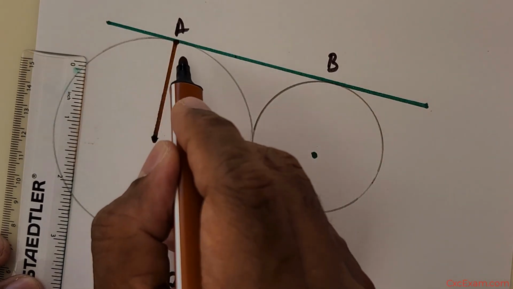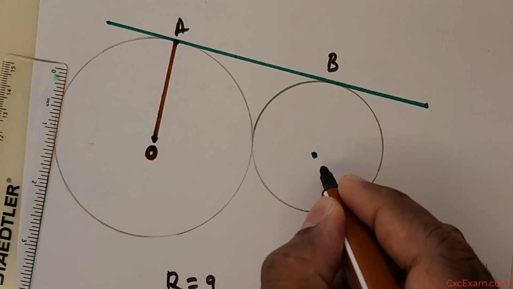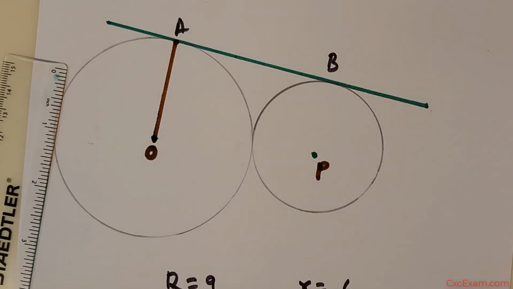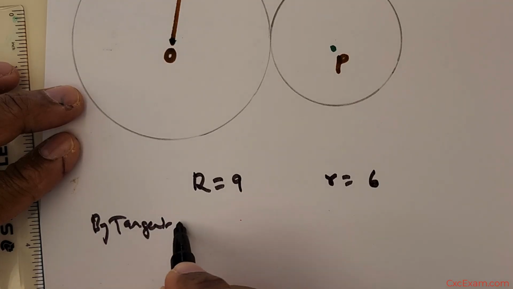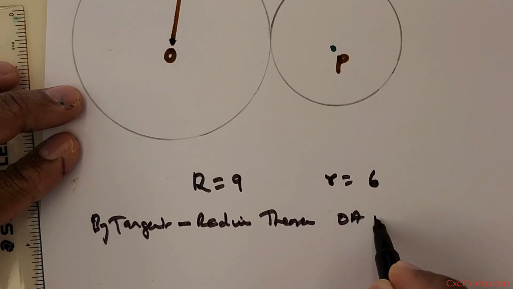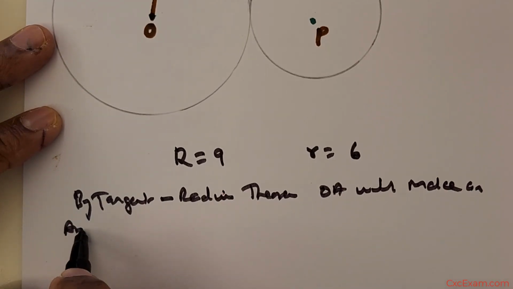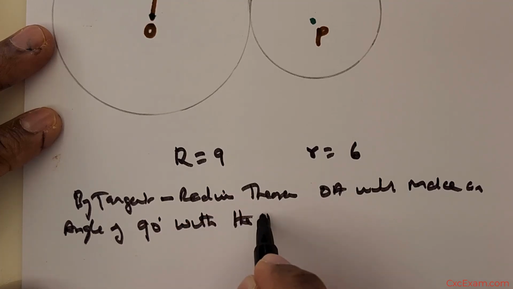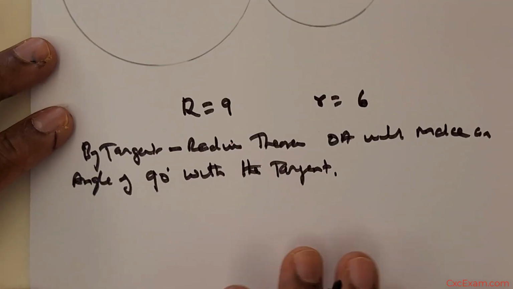Now, by tangent radius theorem, let me take this as O and this as some P. So by tangent radius theorem, OA will make an angle of 90 degrees with the tangent. So there is a 90 degree angle here.